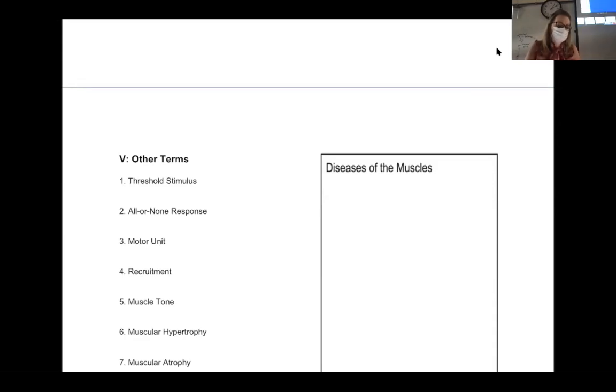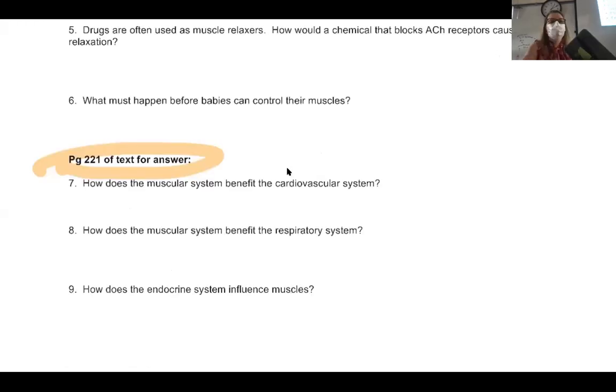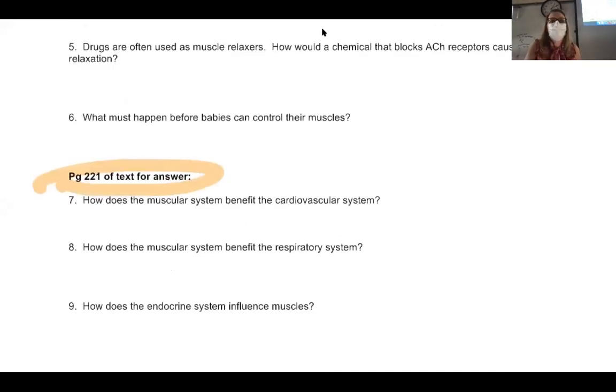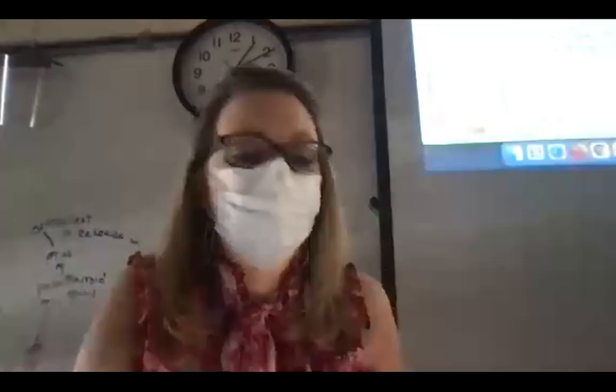Let me get to human muscle homework. Oh, for crying out loud, what is going on? Okay, come on, please. I'm going to stop share. Okay, everybody go to your homework while I'm trying to figure this out, because I don't know what's going on here. Go to page 3 of your homework.